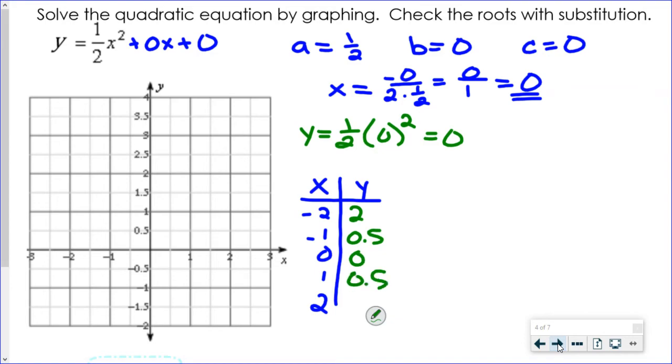And when x is +2, it'll be 2. And again, I need those repeats. So now I go back 2, up 2, back 1, up 1/2, 0, 0, 1, 1/2, and 2, 2.